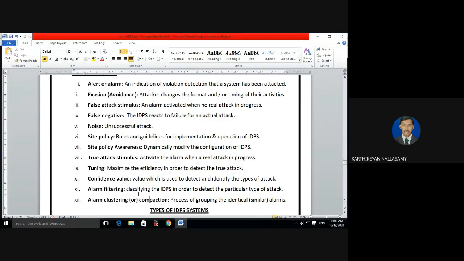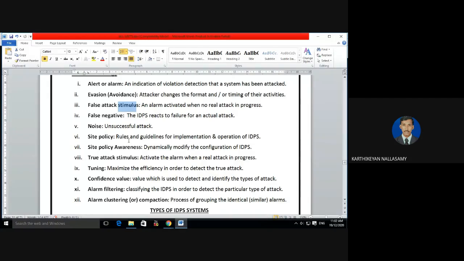And the next thing, which is very important, is called the stimuli. I think you have already heard the meaning of stimuli, that is called a message. The first parameter is called a false attack stimulus.